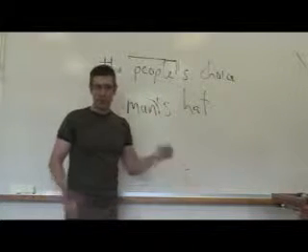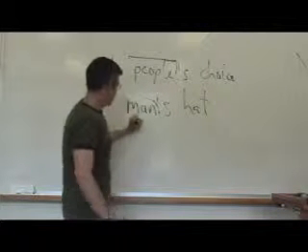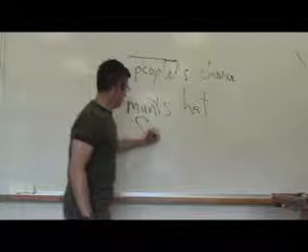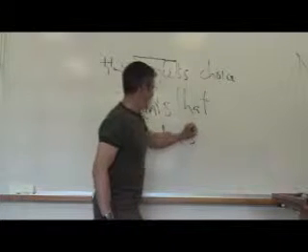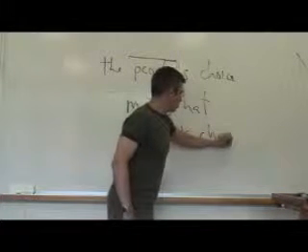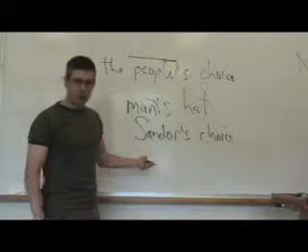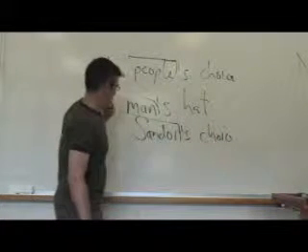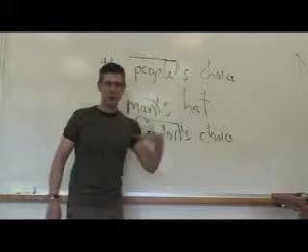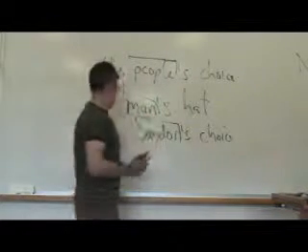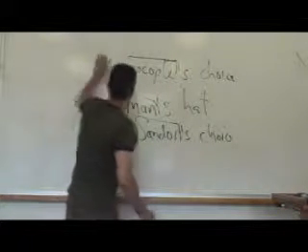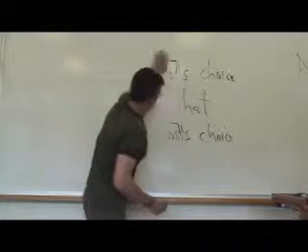It's the same thing with proper nouns. So it's Sandor's choice, the choice made by Sandor. Okay, so Sandor is to the left of the apostrophe. Sandor is the one doing the owning. It is Sandor's choice. Now, that's the simplest thing about the apostrophes.